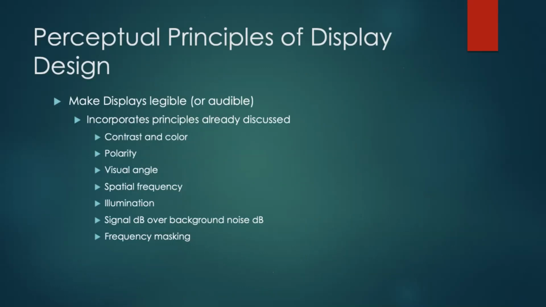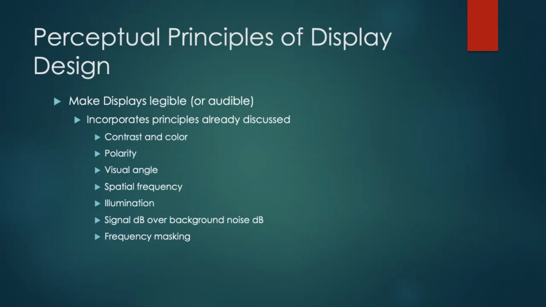So first, you want to make displays legible, obviously. This seems very intuitive, very obvious. But again, go back to the early days of the internet and look at how illegible a lot of those displays were. If it's an auditory display, you want to make it audible.